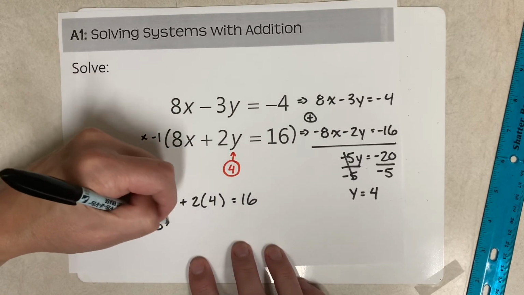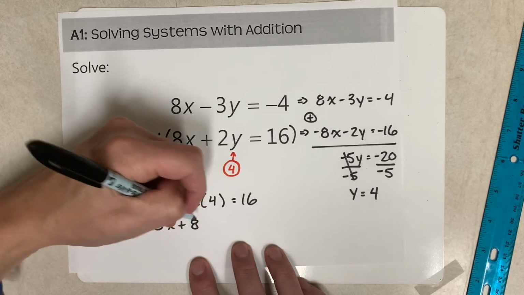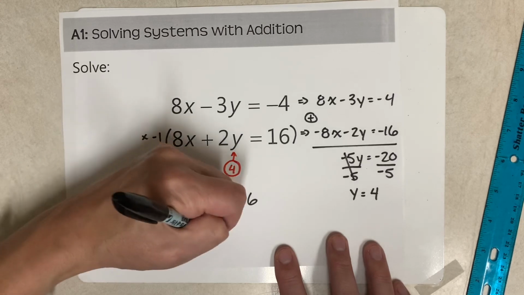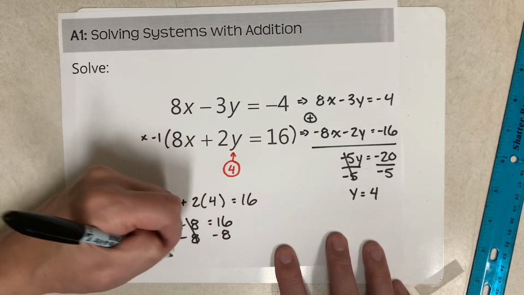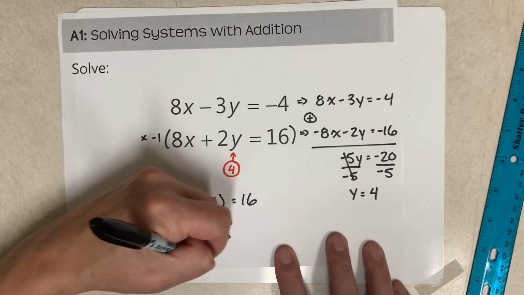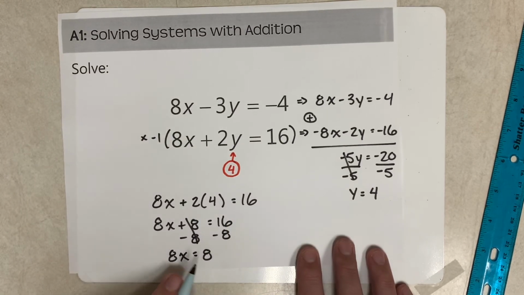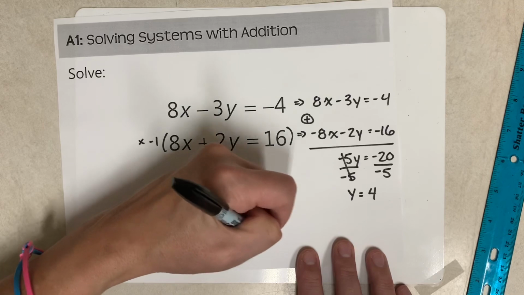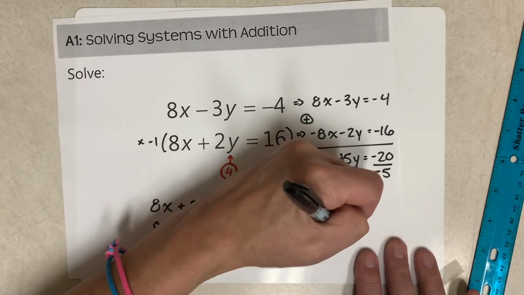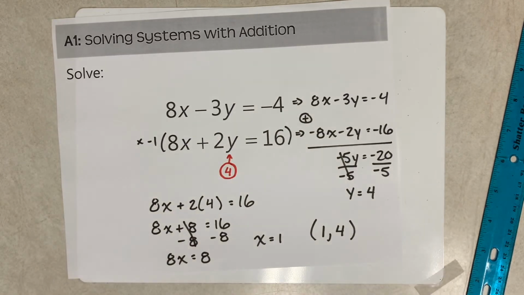So 8x plus 8 is equal to 16. Subtract 8 from both sides, and 8x is equal to 8. And then 8 times what number is 8? Obviously, that's going to be 1. So I get the ordered pair solution 1, 4, and that one is done.